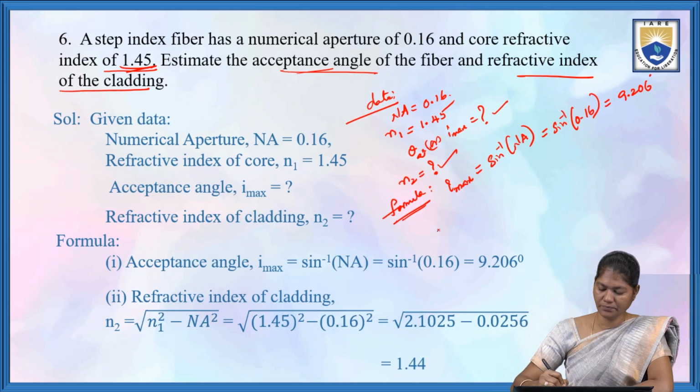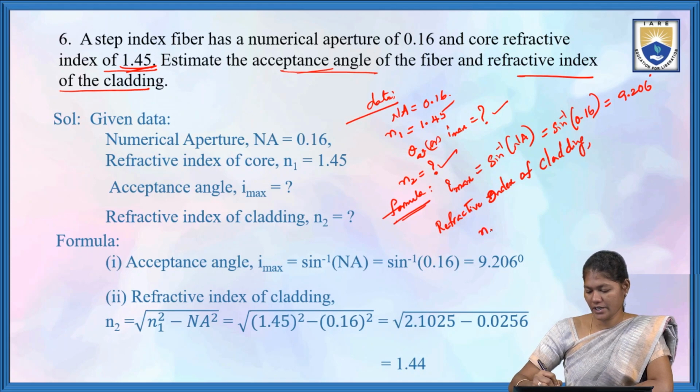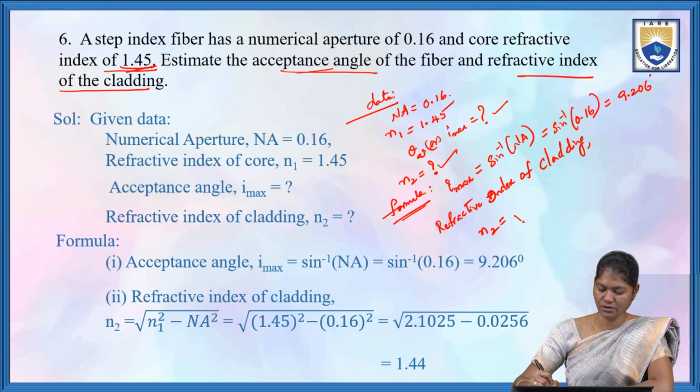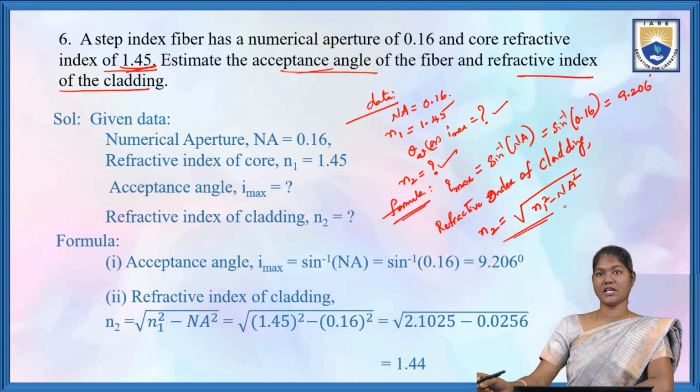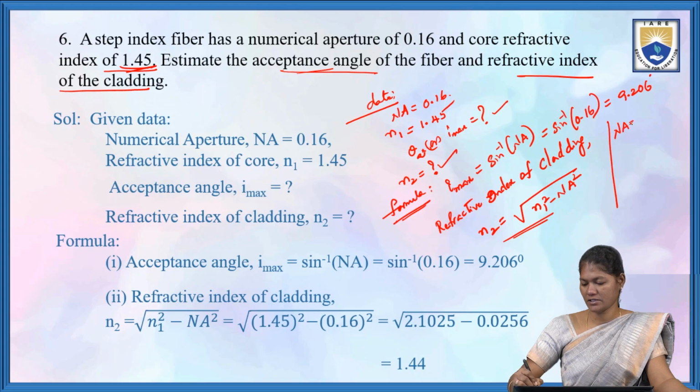For the second part, we need to calculate the refractive index of the cladding, that is N2. N2 is equal to root of N1 square minus NA square. How did we get this expression? From the formula of NA: NA is equal to root of N1 square minus N2 square.